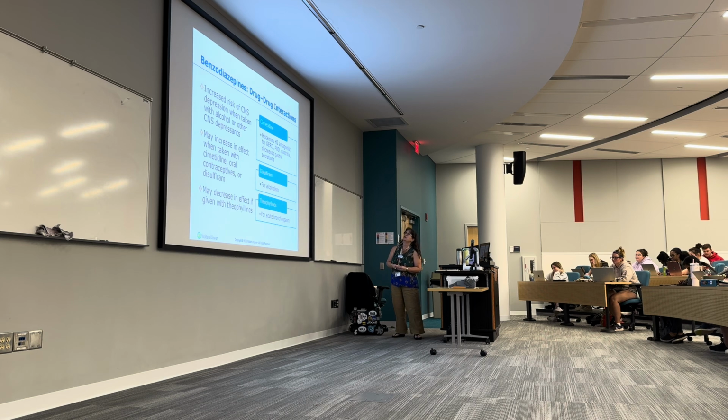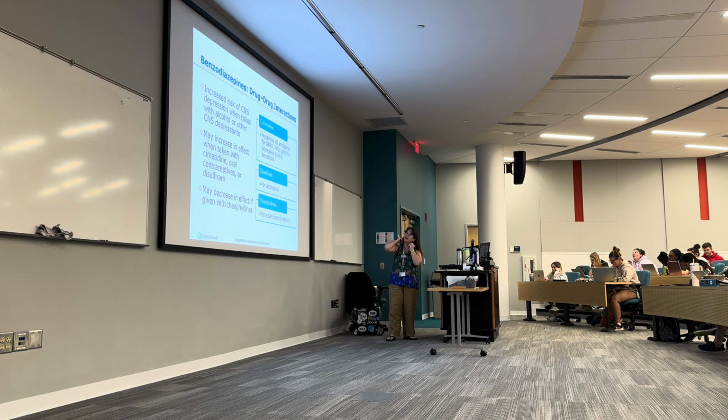All right. So drug-drug interactions: increased risk of CNS depression when taken with alcohol. Like I said, they could go into a coma, just more CNS depression. It may increase the effect when taken with cimetidine, which is a histamine blocker. It's taken for GERD and peptic ulcer disease and gastritis.